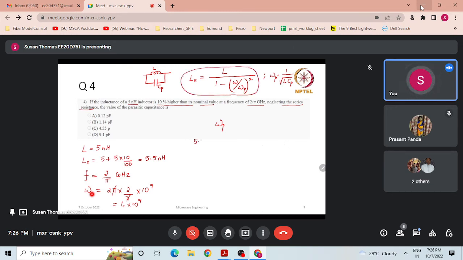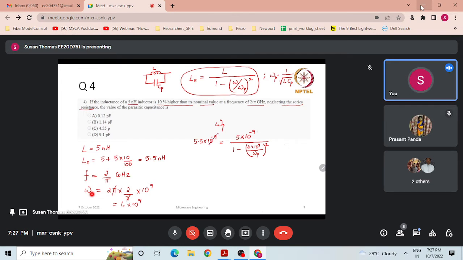It is 5.5 into 10 power minus 9, which is equal to L, that is 5 into 10 power minus 9, divided by 1 minus omega, which is known to you, 4 into 10 power 9, divided by omega p, the whole square.